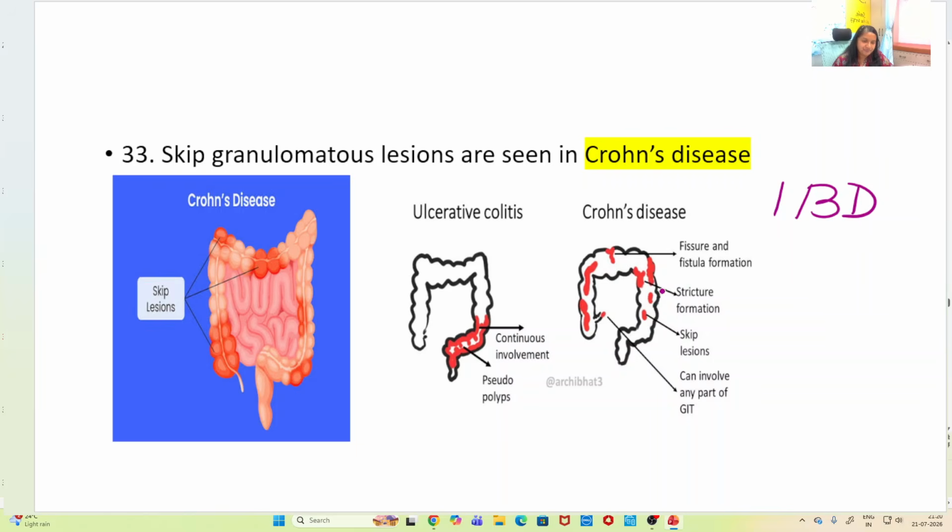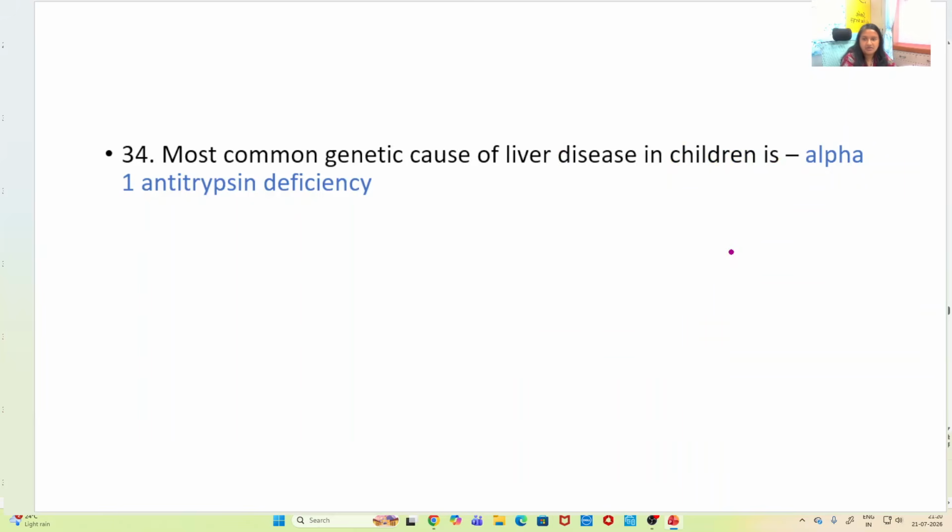There may be transmural involvement throughout the wall, and these are the common findings: fissure, fistula formation, strictures, skip lesions, and it can involve any part of the intestine. And Crohn's, remember Crohn and cropped. Okay, Crohn, cropped, that's the way to remember. There are cropped lesions, they are not continuous like ulcerative colitis.